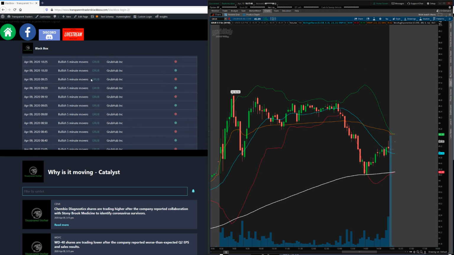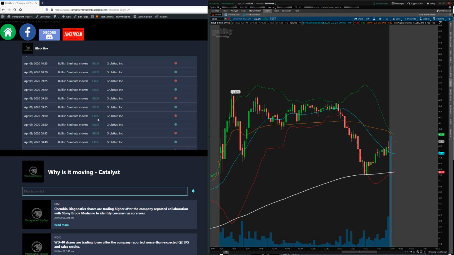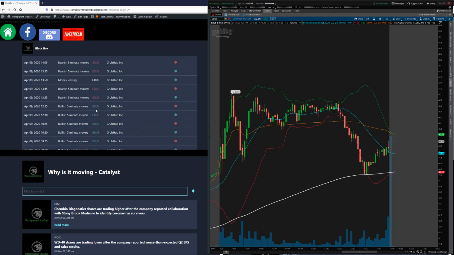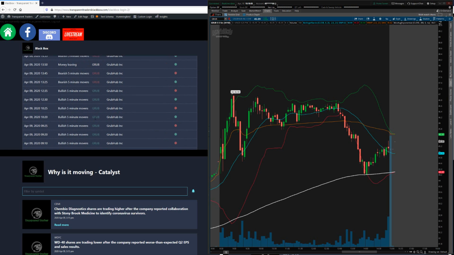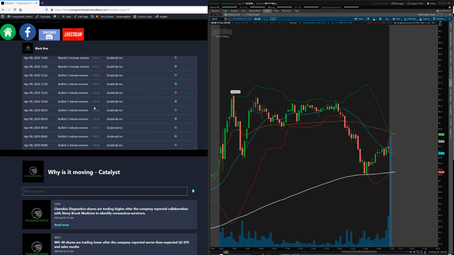When it continuously alerts, if you're not in the beginning part of those alerts for that category change, as it continues to alert, at some point it's going to break down and go the other way. So seeing all these alerts coming in the middle of the day, this is not something that you would want to jump into.